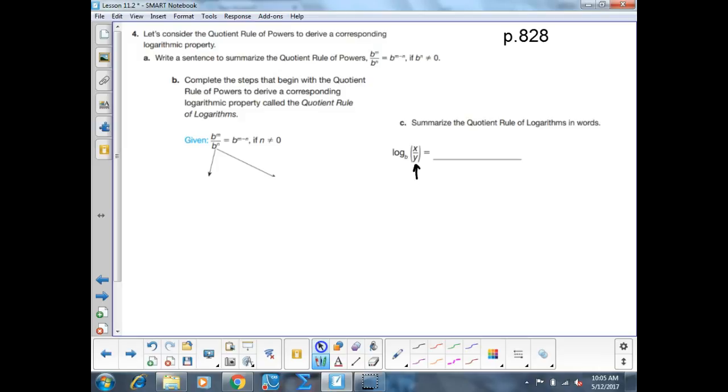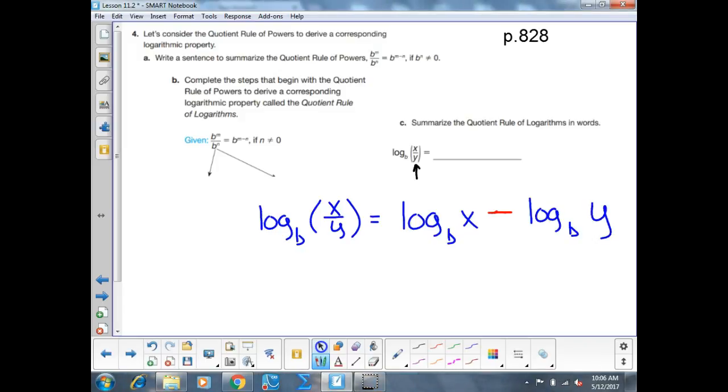So this property here is the log base b of x over y is equal to log base b of x minus log base b of y.